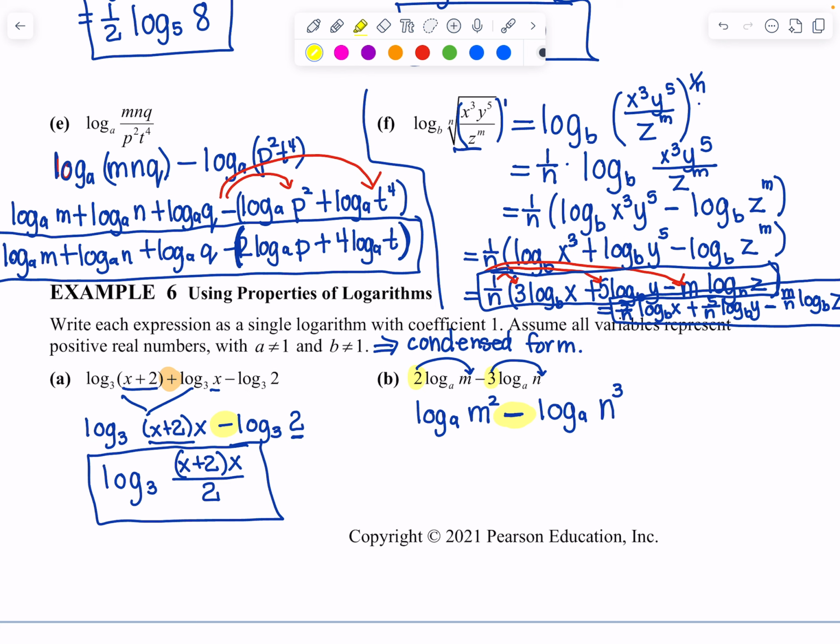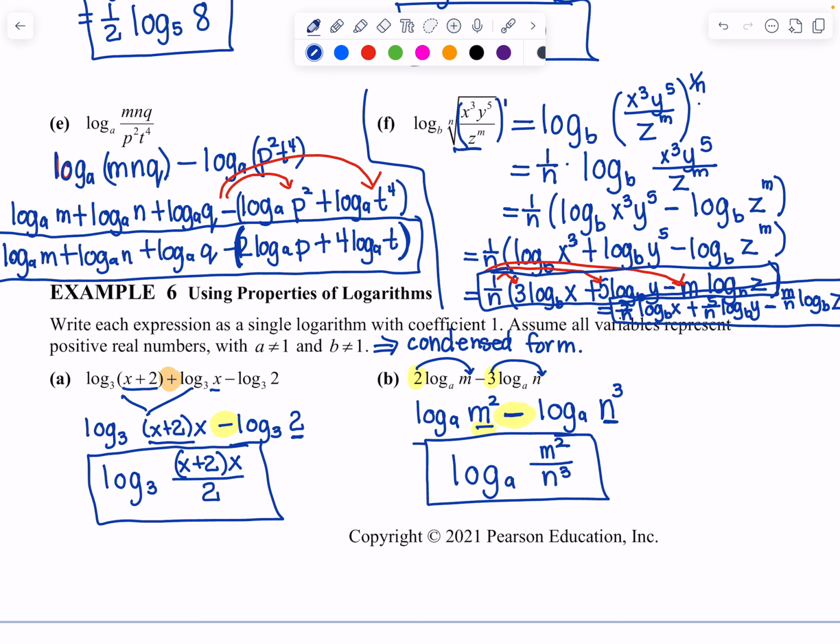It was division. So we got the same log base, but we got to write these as division, right? Remember, the first one is your top numerator. The second one is your denominator. So let's do it under one big logarithm statement. Log base A, m squared on top, over n cubed here. This is our final answer.